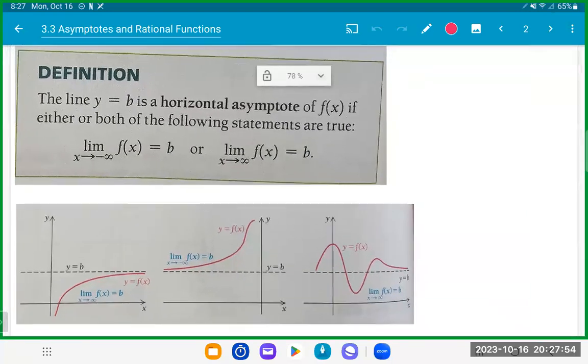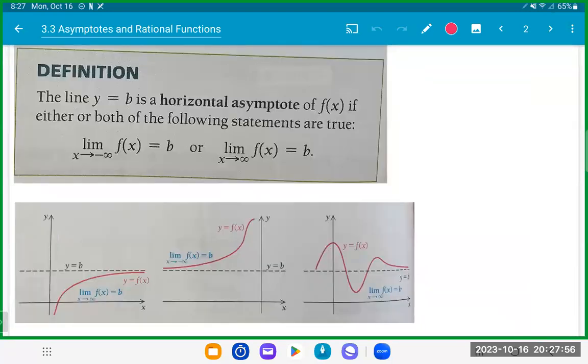So we'll have a horizontal asymptote when the graph of a rational function may or may not cross a horizontal asymptote, right? Horizontal asymptotes occur when the degree of the numerator is less than or equal to the degree of the denominator. Remember, the degree of a polynomial in one variable is the highest power of that variable.